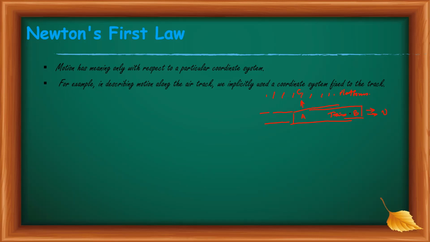It is applicable to B also. That is, if B looks at C, he also feels the same. That is, C is moving backward with a velocity v.